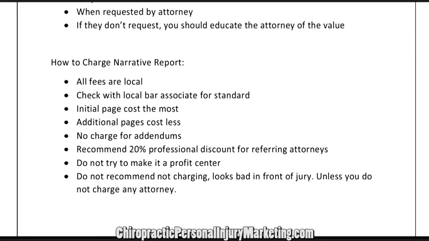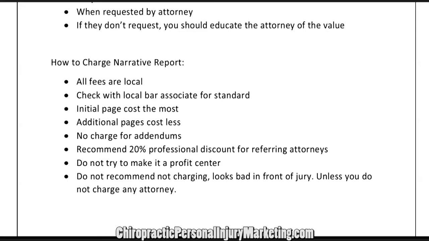There's no charge for the addendums. So the narrative report might be 5 to 10 pages, something like 4, 5, 6. It's going to be the absolute core material. And then you'll see when we go through this, all the other material goes into what's called addendums. It just gets pushed out of the way.